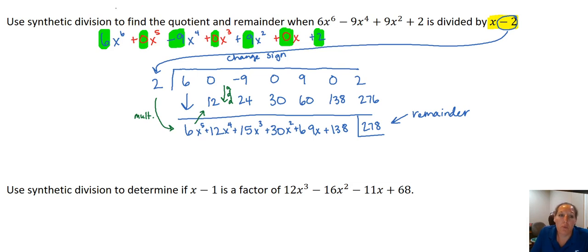It will always be whatever our degree is here divided by whatever our degree is here. So x to the sixth divided by x is going to be an x to the fifth.